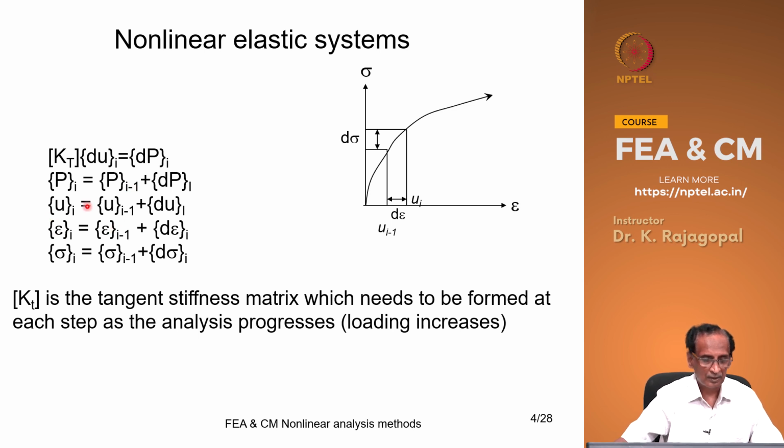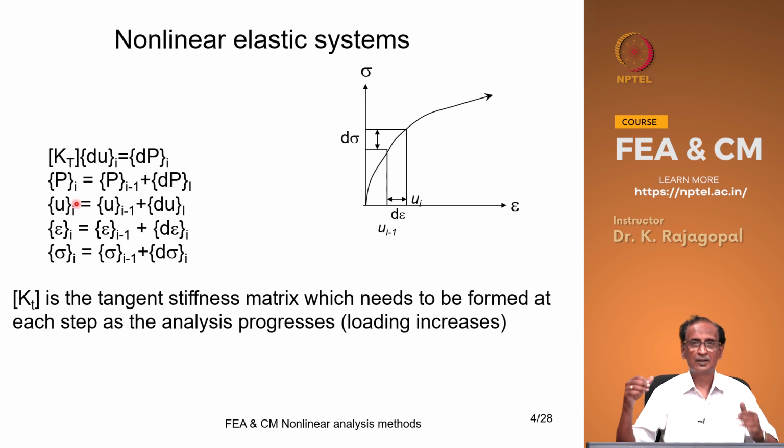Once you calculate the incremental displacements, we can update our displacement vector, and then calculate the strains as B times du, and then update our strains as epsilon i is epsilon i minus 1 plus d epsilon, and then we can calculate the stress increment as D times d epsilon, and then update our stress vector, sigma i is sigma i minus 1 plus d sigma i, and all these we are going to do at each and every integration point.